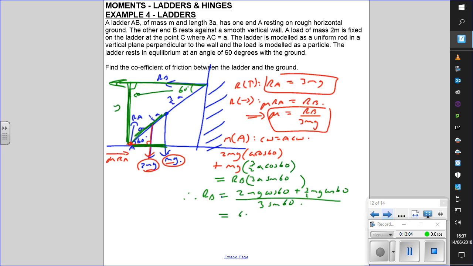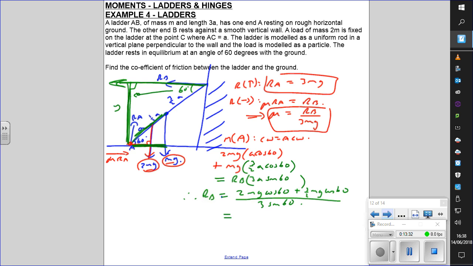So 6.601 and so on, times m. Okay? It might be advisable just to stick it directly in, but anyway, that's what we've got. So that's RB. And sorry, we need the g's in there. So mg. No, we don't. No. Let's do that again. I'm going to leave the g in there this time.